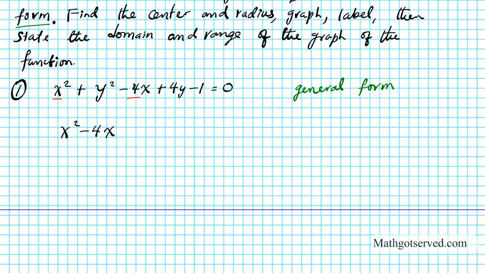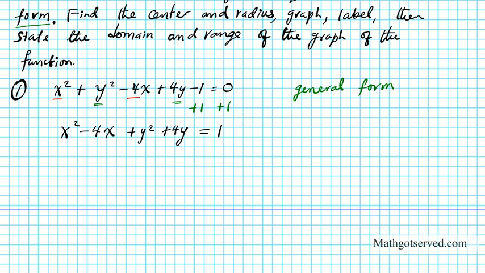Now these two will form the incomplete square for the x world, and then we have the y squared and the 4y. Put them next to each other: plus y squared plus 4y. Now this one right here is neither an x nor y, it's a constant, so we need to move it over to the other side. We use the inverse of minus 1, so we add 1 to both sides. So this whole equation equals 1.